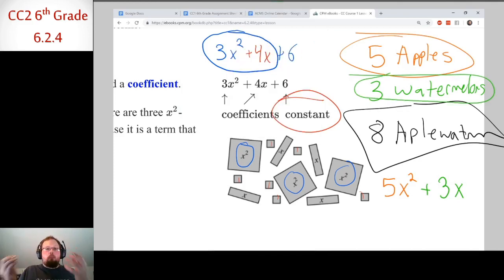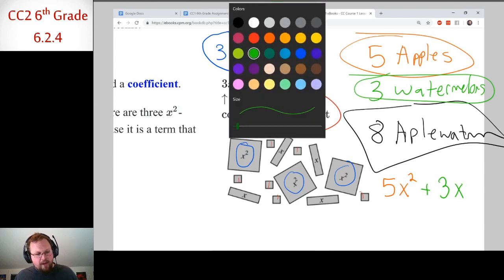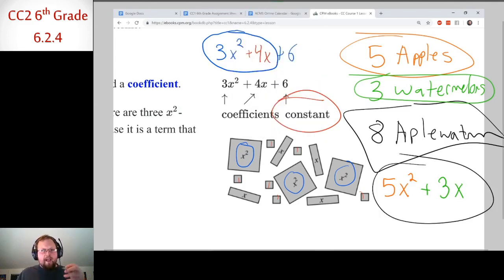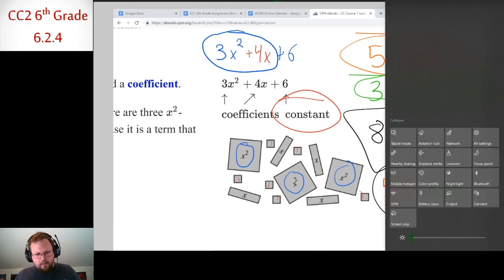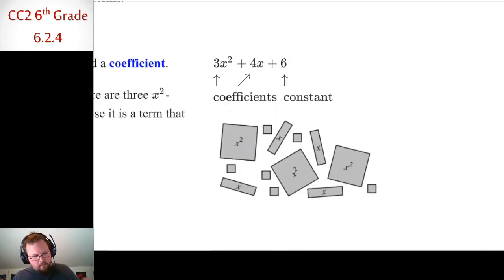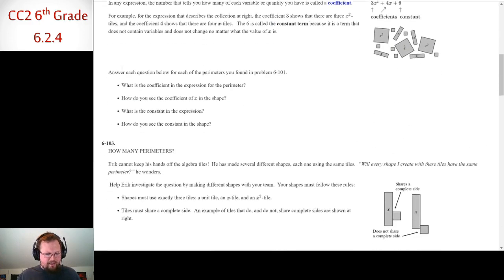You cannot combine those and say, oh, I've got 8 mutated apple watermelon fruits. Just like when you're doing this, if you have an x squared term and an x term, those cannot combine. This is an expression that is done being combined. So that's my big spiel on combining like terms.